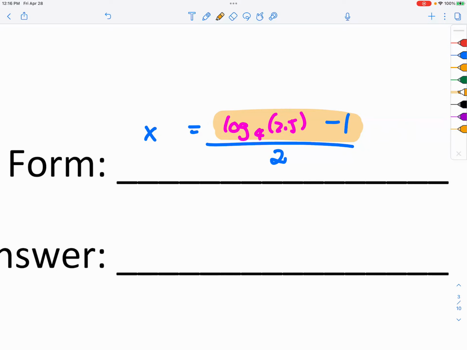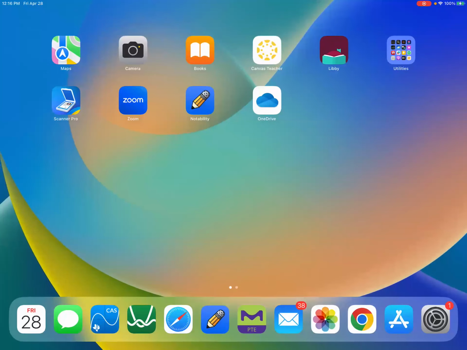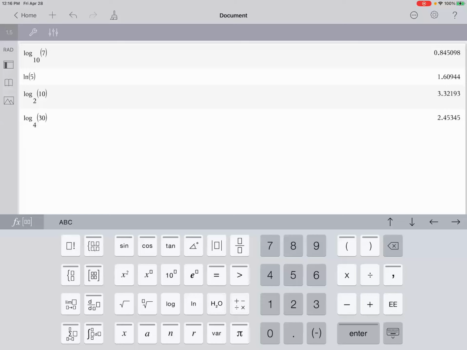If you want to use a calculator, then make sure you know how to communicate with it. Use parentheses responsibly. Log base 4 of 2.5, then minus 1, close parentheses, then divided by 2. Or alternatively, you can just calculate whatever is in the numerator, hit enter, then divide by 2. That actually is safer.